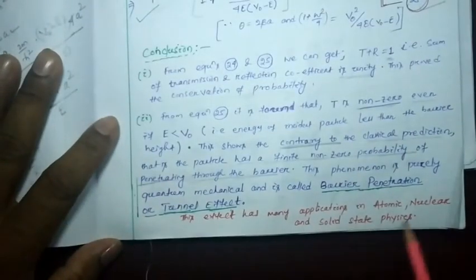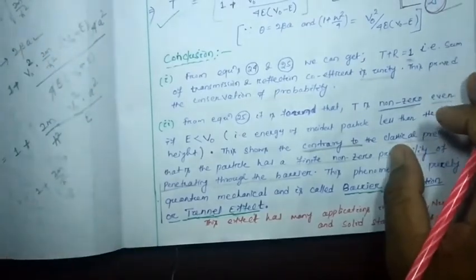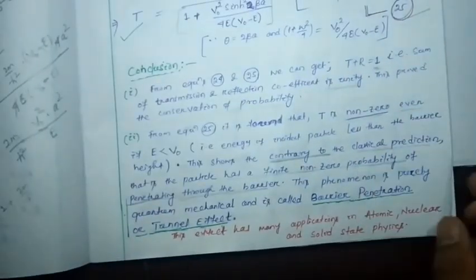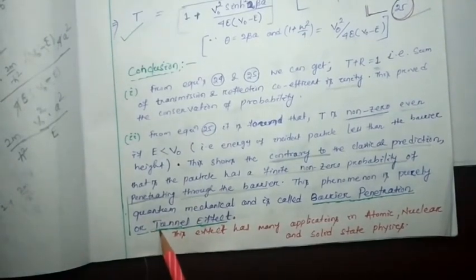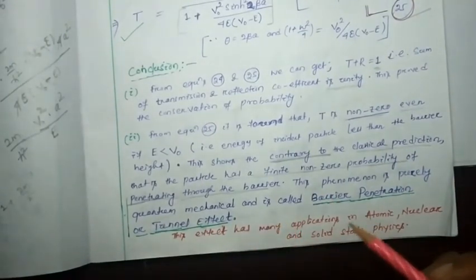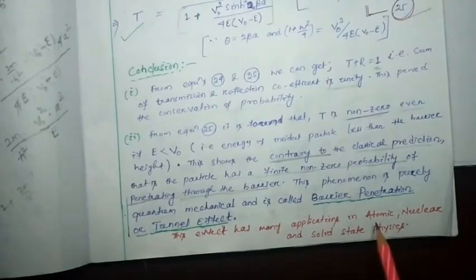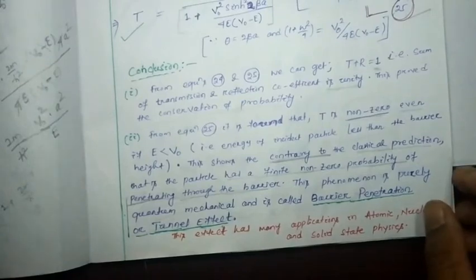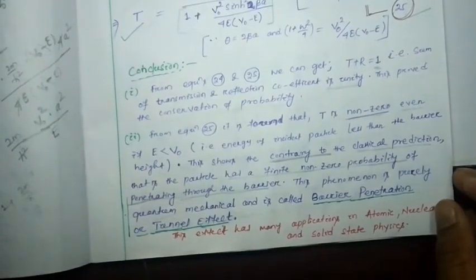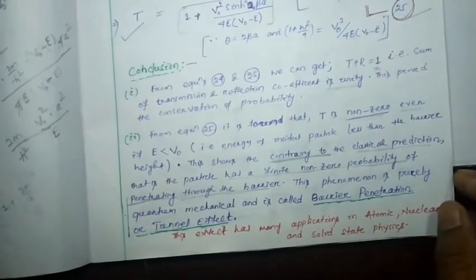This effect has many applications in atomic, nuclear and solid state physics that you are going to study in our other sections of quantum mechanics and solid state. That tunneling effect, how it will be useful or how it can be applied in different problems in nuclear physics and solid state physics, and also in higher study, you are going to find many examples or applications.